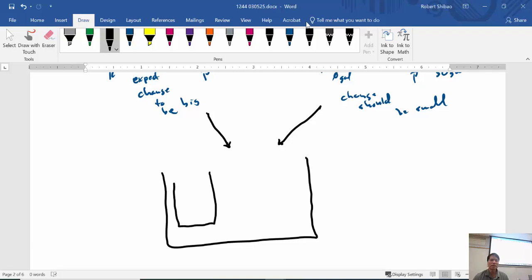Let's say the reactant side can only hold 1 gallon, so on the reactant side there's 1 gallon, and on the product side we have 49 gallons. This is the product side.